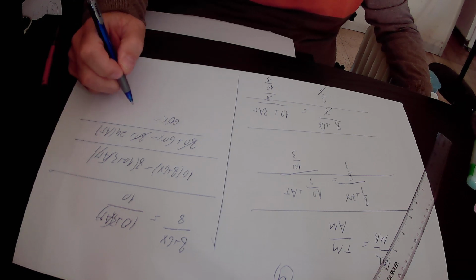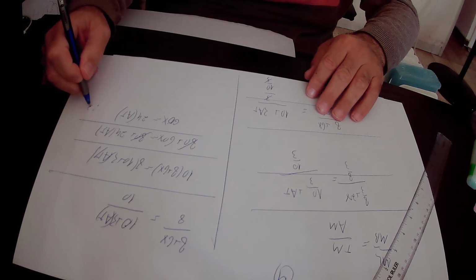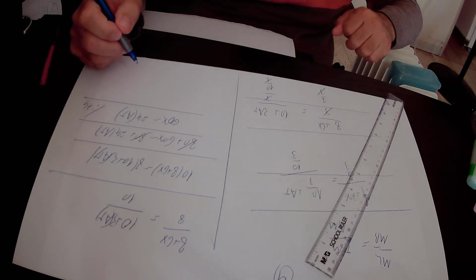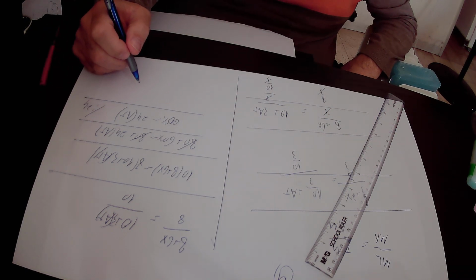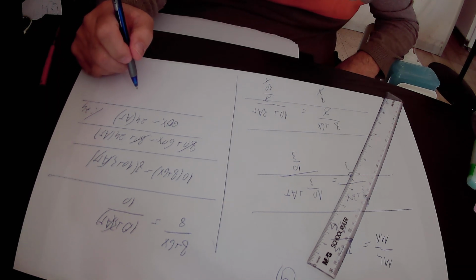that is equal to 24AT. Here we divide this equation by 24, and finally we get that 60x over 24 is 2.5x.